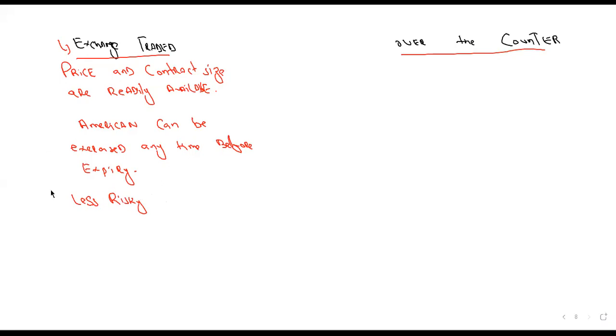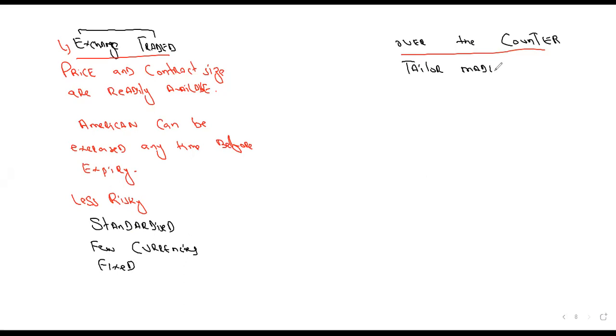Now, if you want to write further, guys, you can write a lot of points here. The exchange traded options are standardized. These are available only in a few currencies, and so they are fixed. If you want to talk about over the counter, these are tailor-made, tailored to the needs of the buyer or seller.